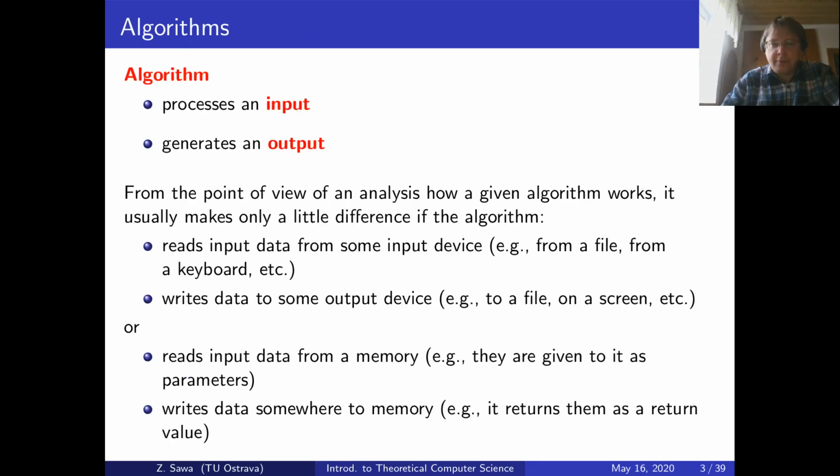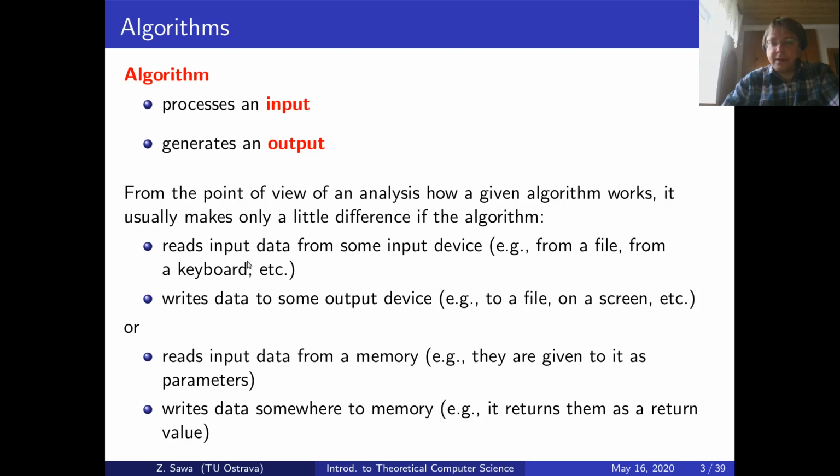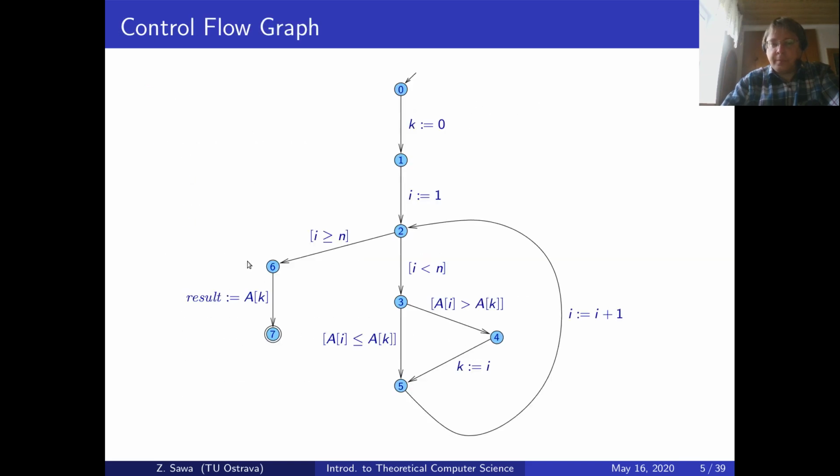If I go back to this pseudocode, there will be a node corresponding to the position before this assignment where value 0 is assigned to k, then another position after this assignment and before the variable I is initialized in the beginning of this cycle, and so on.